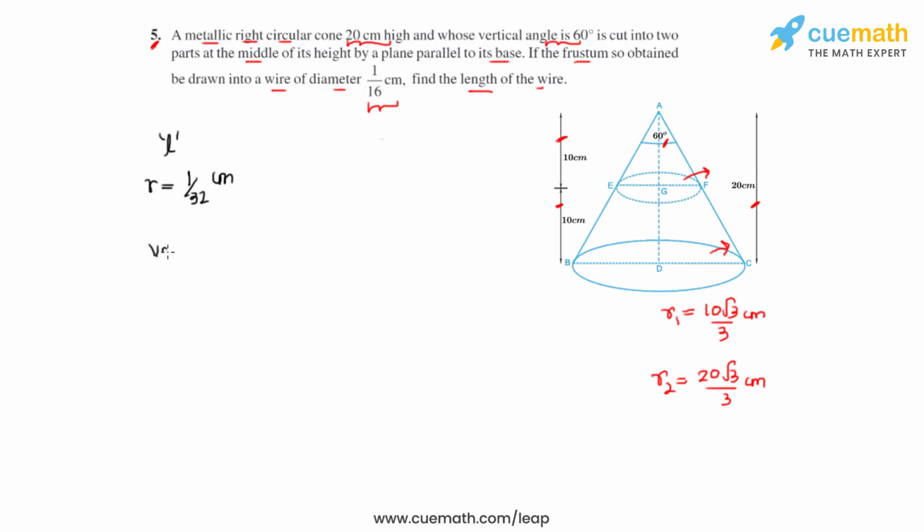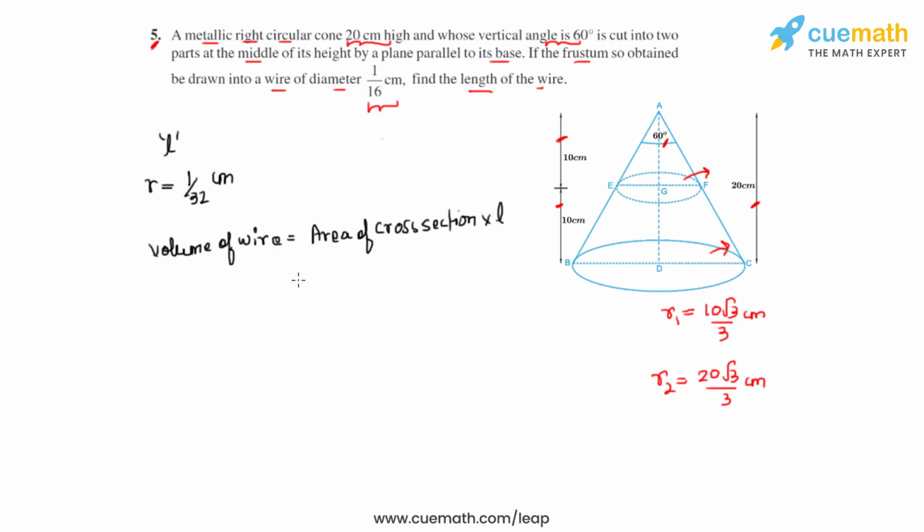So the volume of the wire will be equal to pi r square L, that is the area of the cross section times the length of the wire.